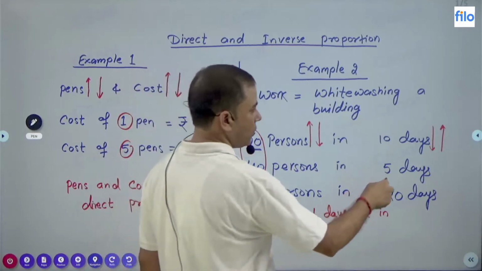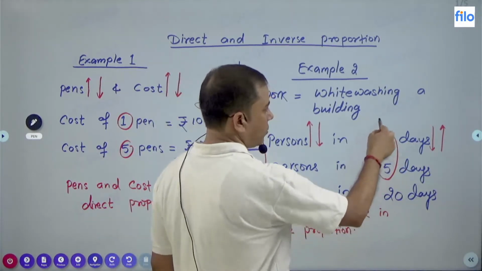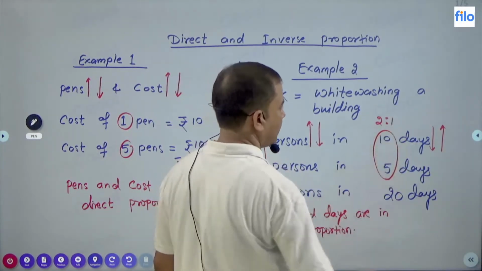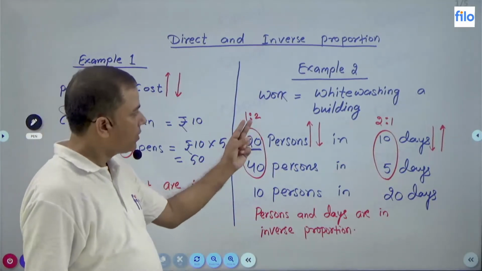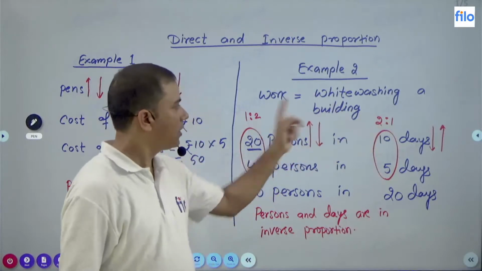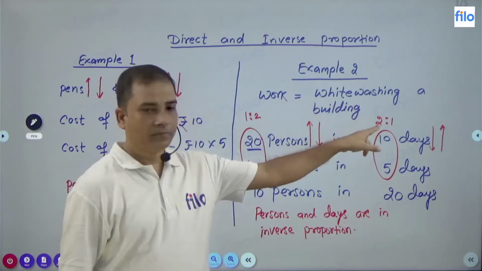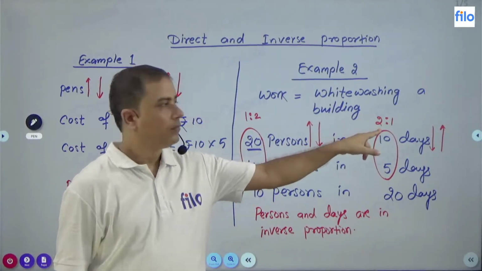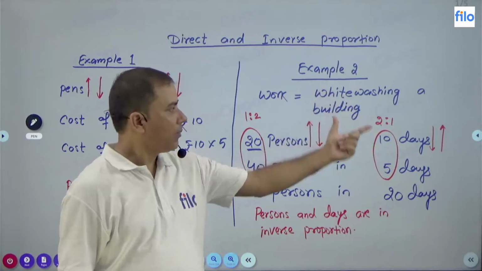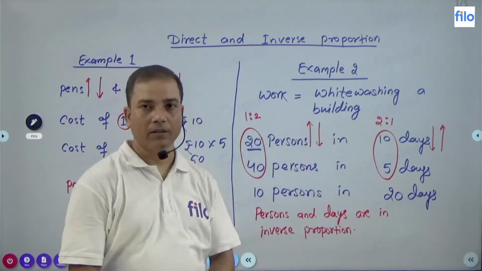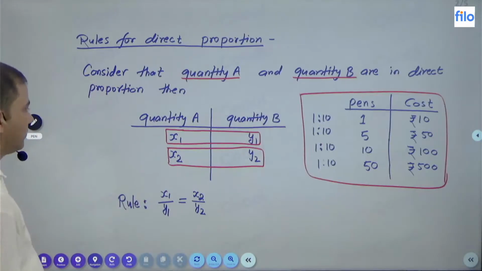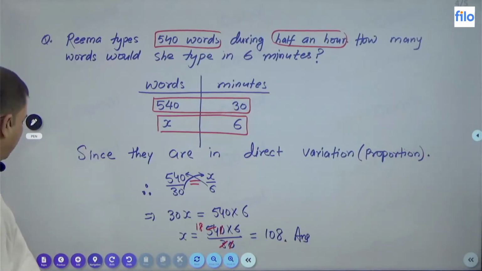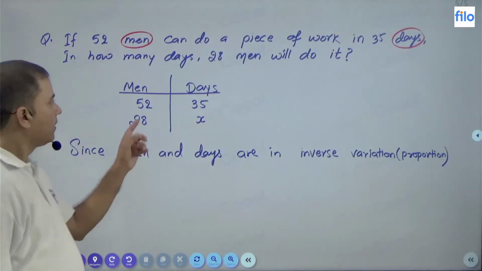And what is the ratio between 10 and 5? 2:1. Right? 1:2, 2:1. Isn't it inverse? This type of relation is known as inverse variation. That's the reason.